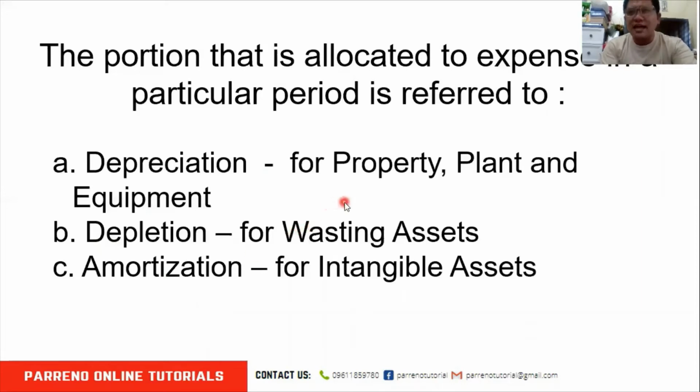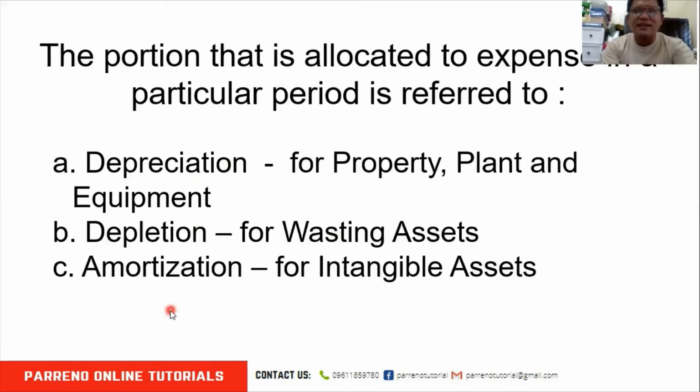For tangible assets, assets na nakikita, nararamdaman, nahahawakan, property, plant, and equipment, the allocation of that expense is called depreciation. For wasting assets or natural resources, assets na nauubos, nawawala, depletion ang tawag. For intangible assets, hindi nahawakan, hindi nakikita, hindi nararamdaman, amortization.